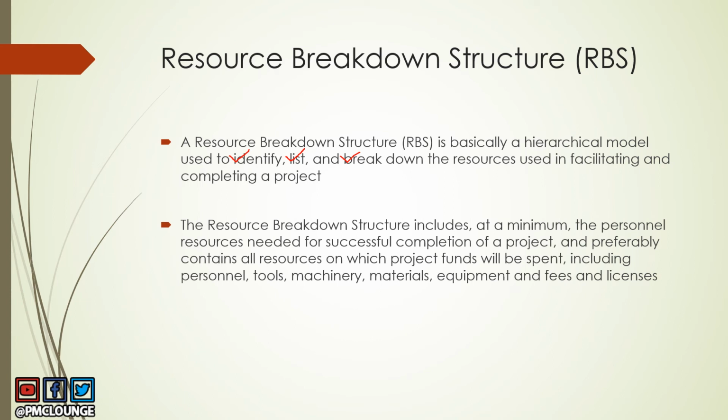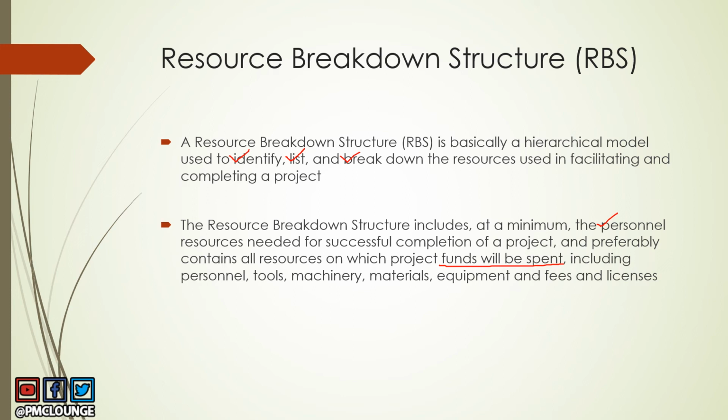Now the RBS is going to include the personnel resources, which means the human resources which are needed for your project. And this will also include resources on which funds will be spent. Now, this is important. So in addition to noting down the human resources, you are also noting down resources on which the project funds will be spent.